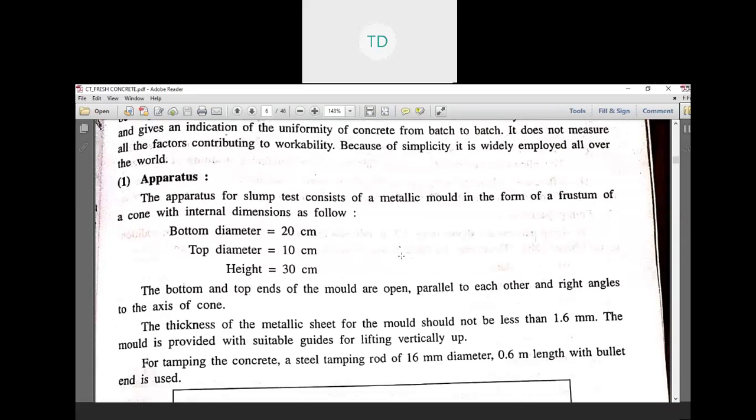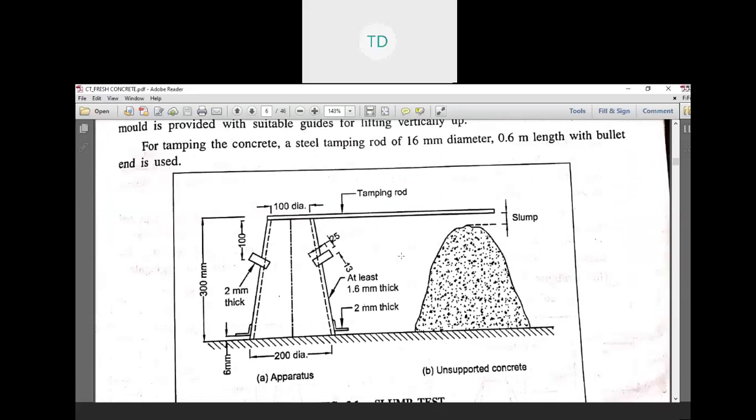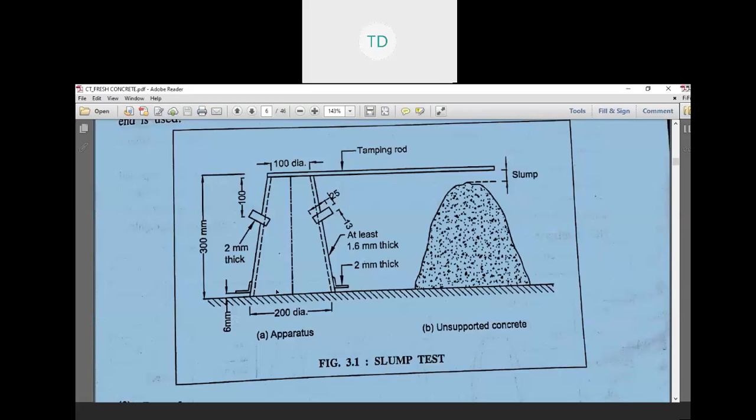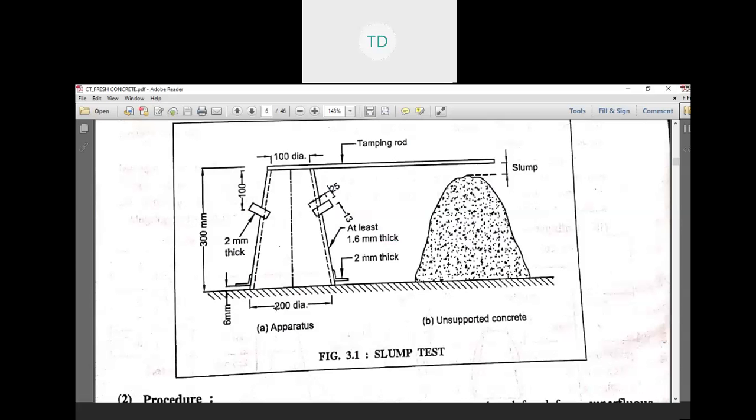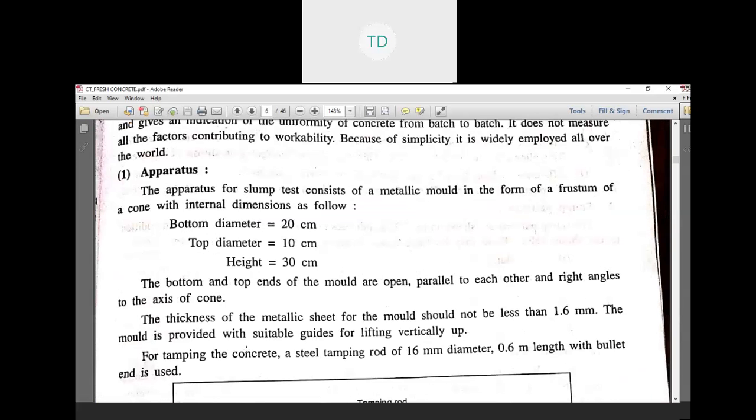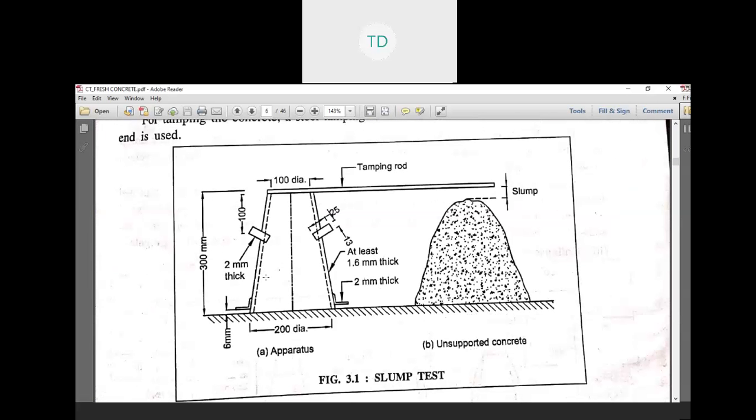The apparatus used for measuring workability is this slump cone, along with a tamping rod. The apparatus is a hollow conical cone in which we fill the concrete and lift it up very soon.